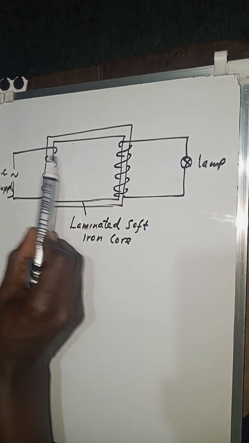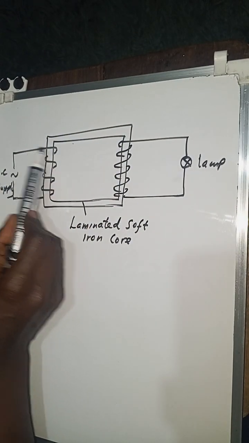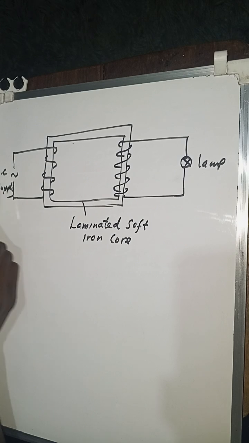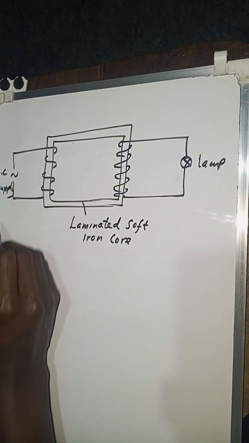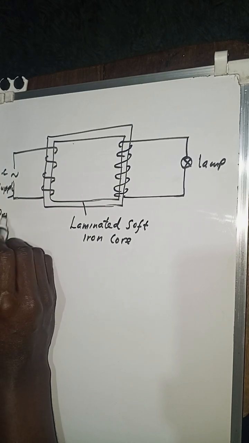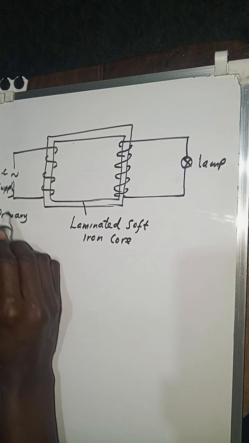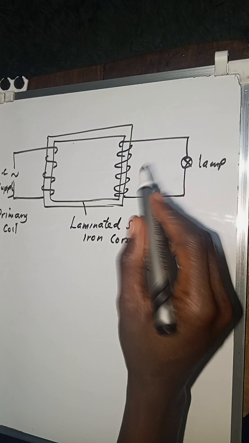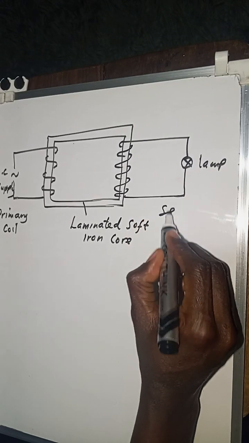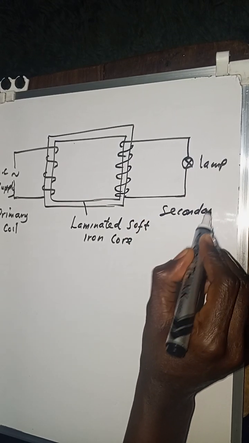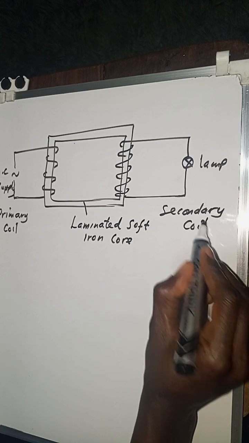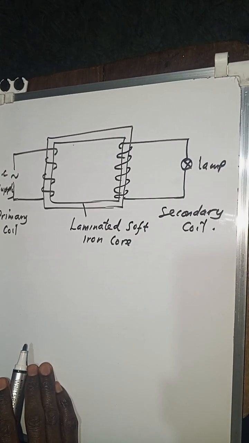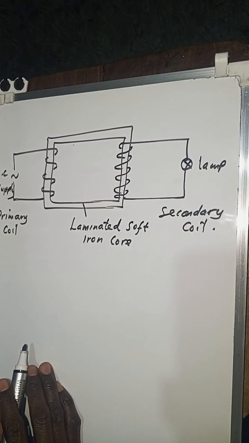So you can notice that we have got two coils. The part of the coil connected to the AC supply, this is what we simply call the primary. Then the part connected to the load or the electrical appliance, this is what we call the secondary. So that is what you need to remember.